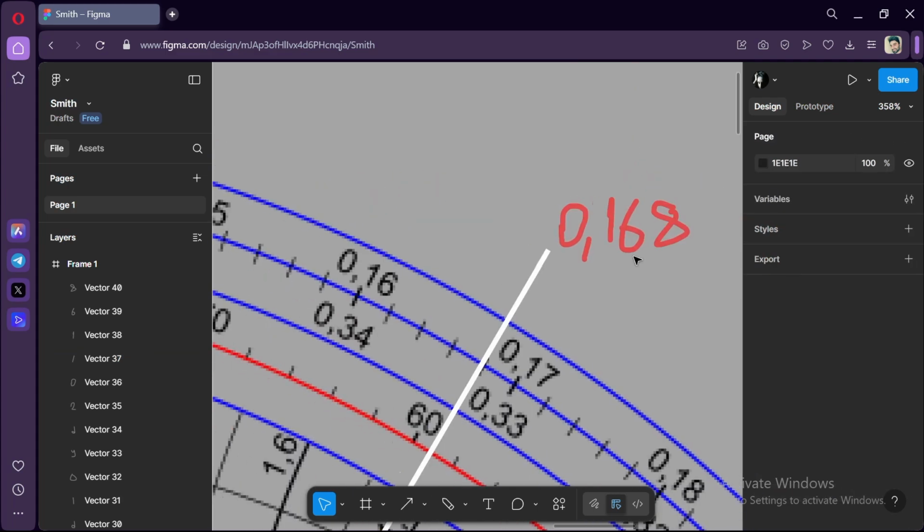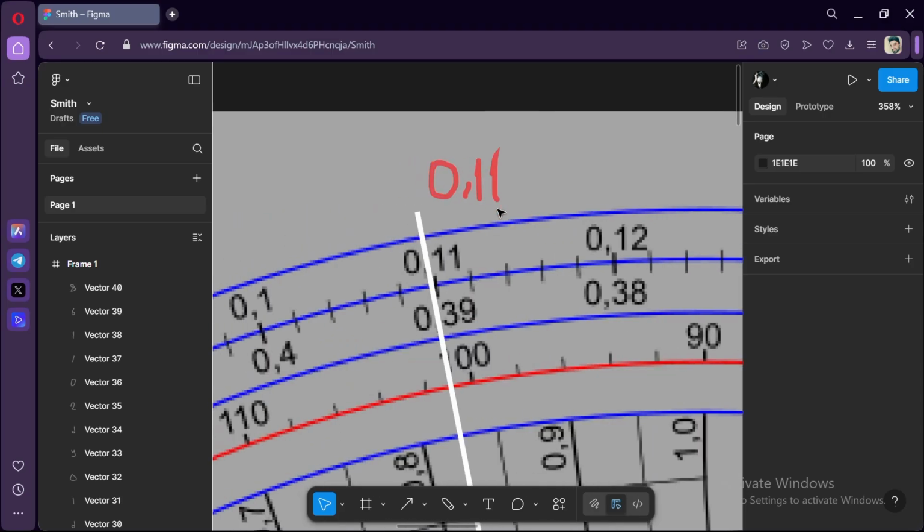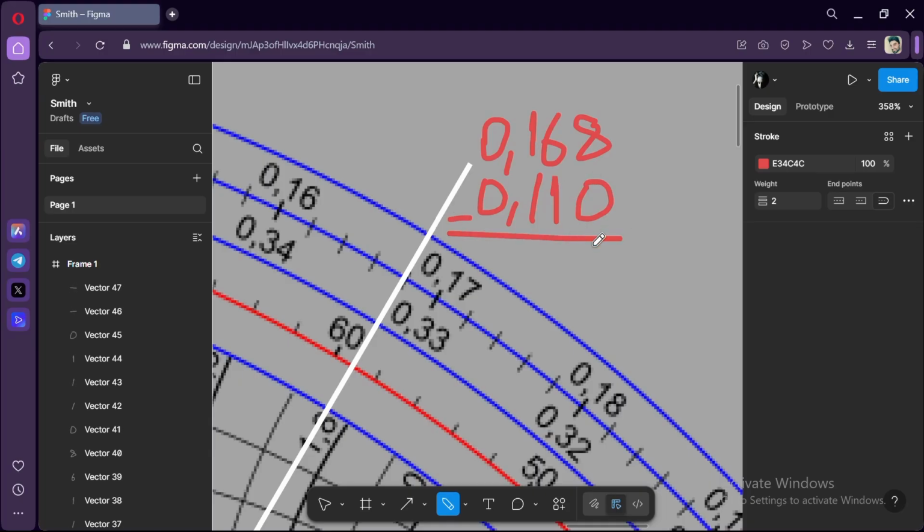Also we need to subtract this value here, 0.11. Zero point 11. Okay, this is d1.